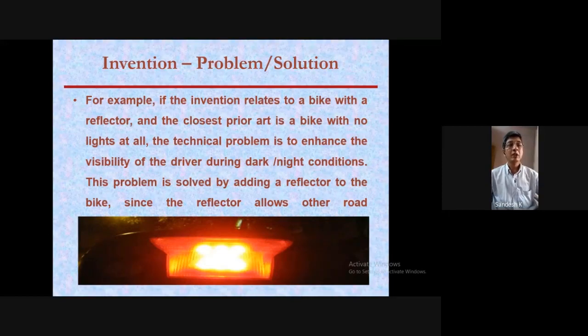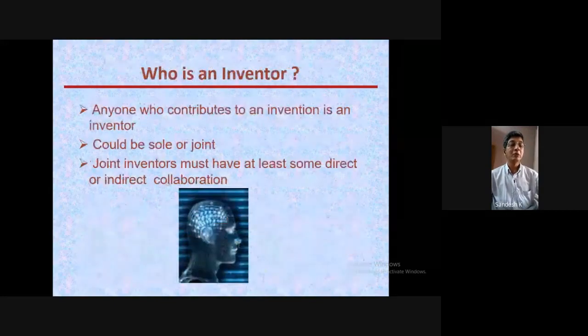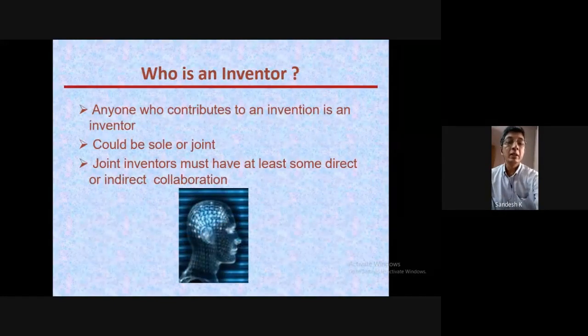The people will not be in a position to identify a vehicle there. So though nowadays it may look like a very small incremental thing, when it was invented, and even today people are using this reflector in all the vehicles. So we understand what is the problem and what is the situation, how it has solved the problem. So just an example of what the need is and what the invention has given to the world.